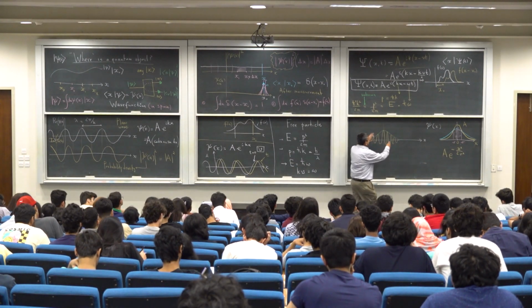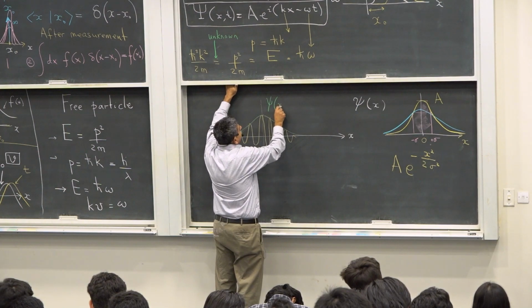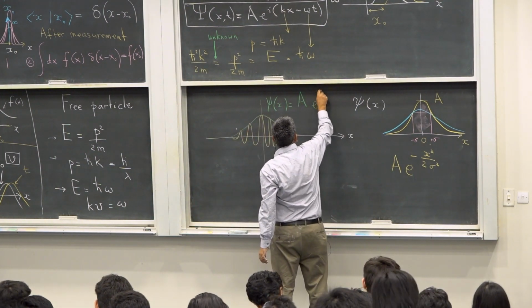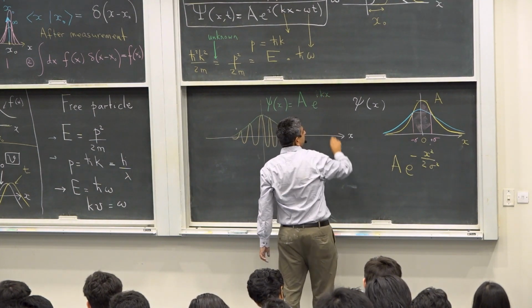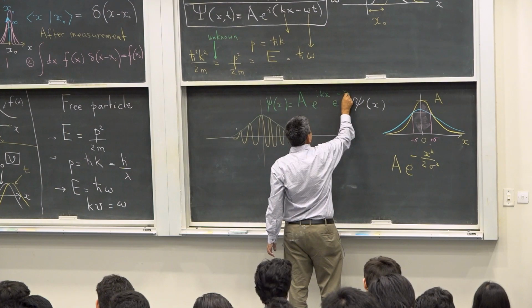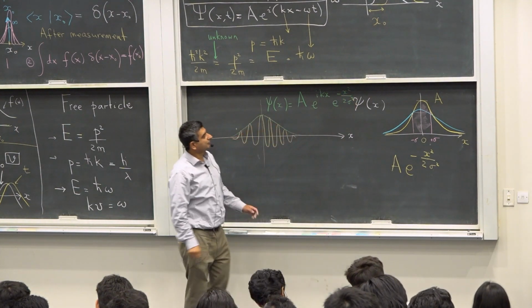So this function has a mathematical form. Let's call this psi of x equals A e^{ikx} multiplied with this thing. Got it? So this is the function.